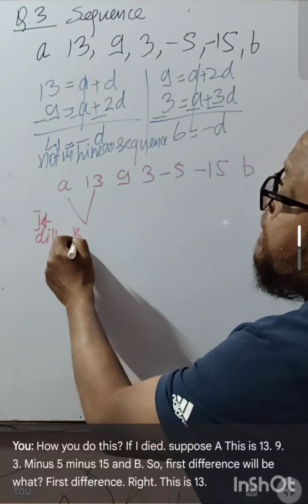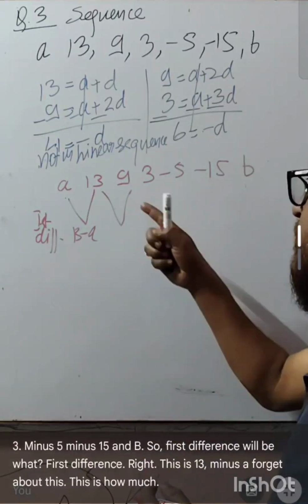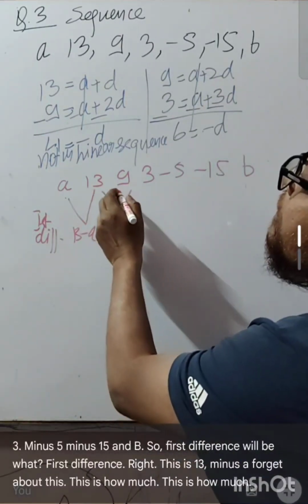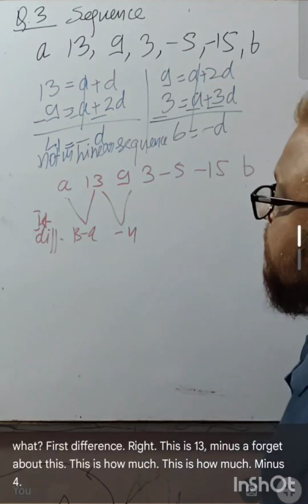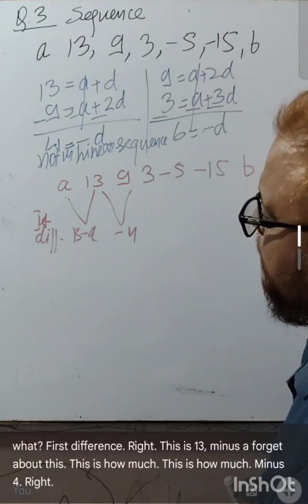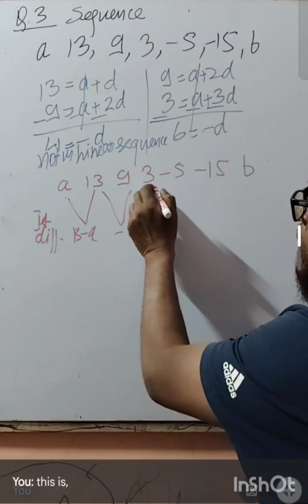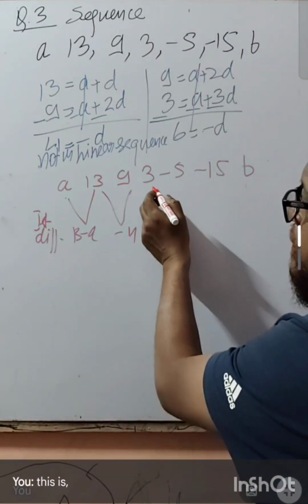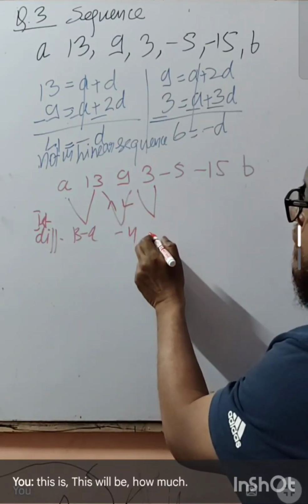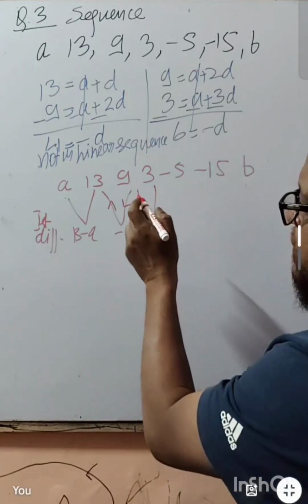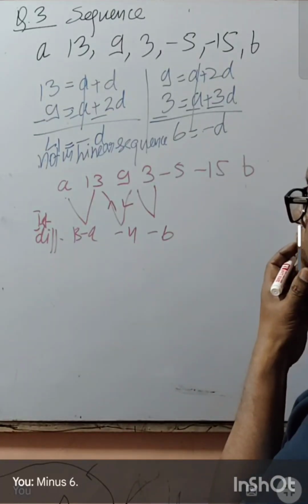This is 13 minus A, forget about this. This is how much? Minus 4, right? This will be how much? Minus 6, right?